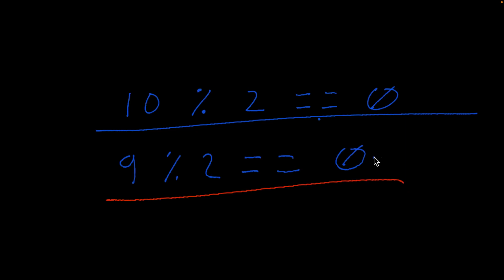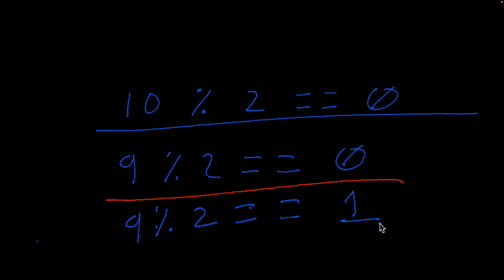If it were a true statement, it would say 9 modulo 2 is equal to 1. And so this is a way that we can check the remainder of something, and we can use it for multiple purposes.